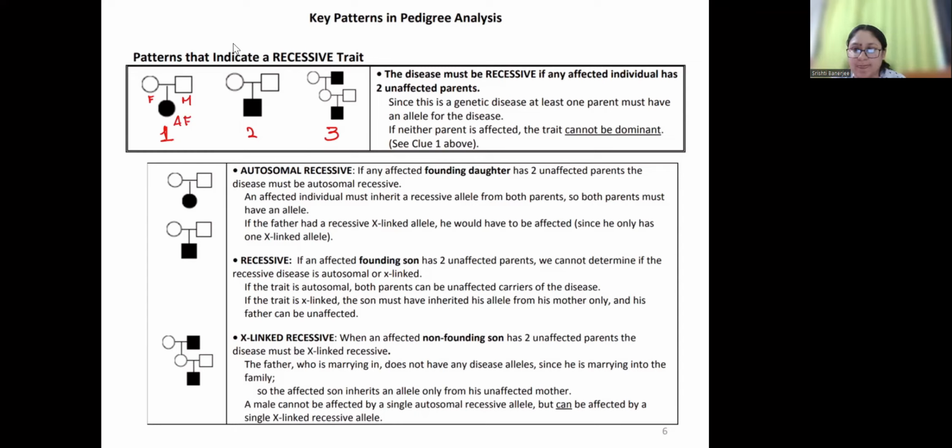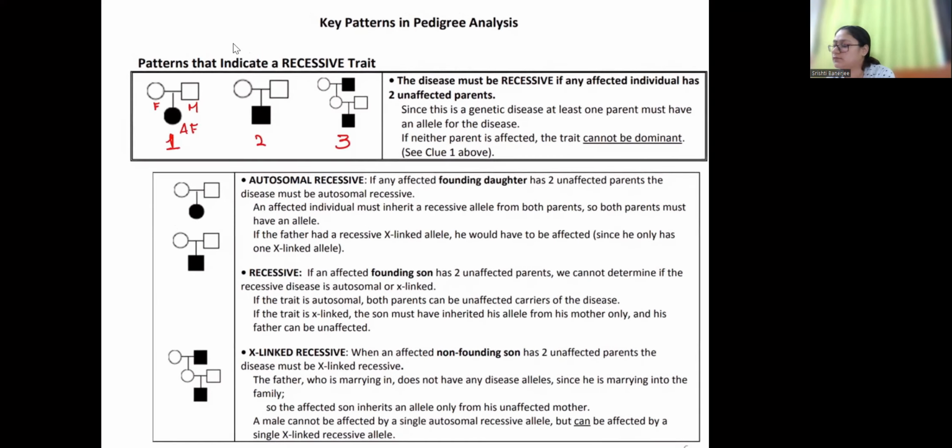It's a recessive one. What did I say? If it's a recessive one, the parents could be unaffected, because to be affected, it has to be aa.